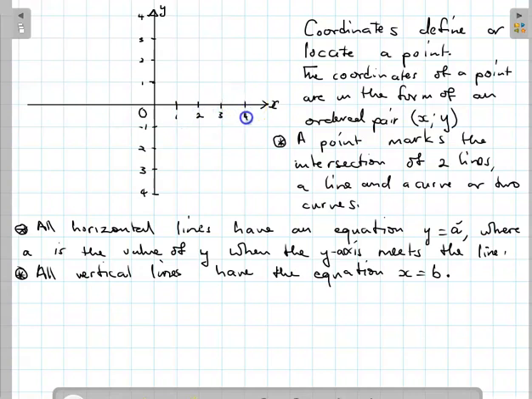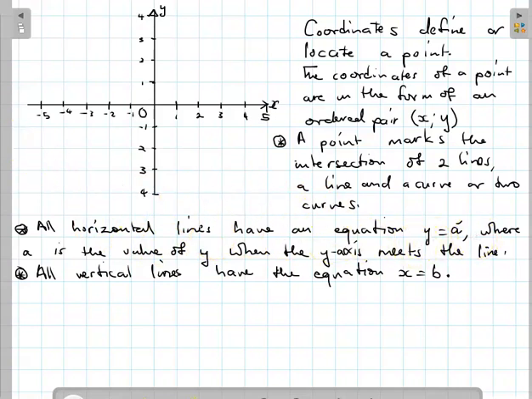So these are positive values. 5, -1, -2, -3, -4, -5. Good. So we just say that all lines that are horizontal have an equation y equals a.